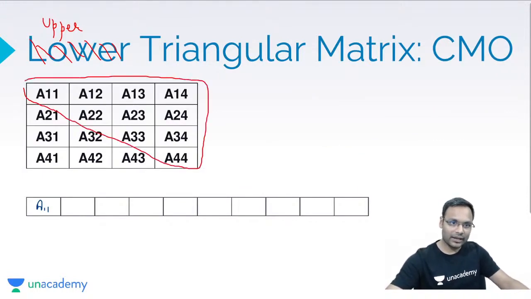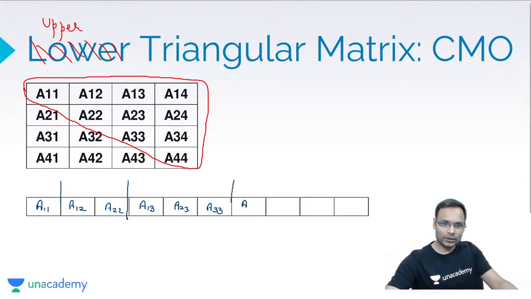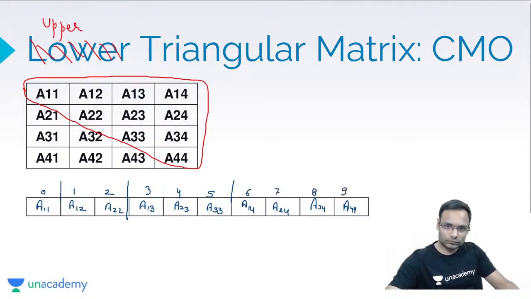So if this is the upper triangular you want to store in column major, the first column has the first element only, the second column has 1,2 and 2,2, the third column has 3 elements: 1,3, 2,3, 3,3. Next, the fourth column: 1,4, 2,4, 3,4, 4,4.